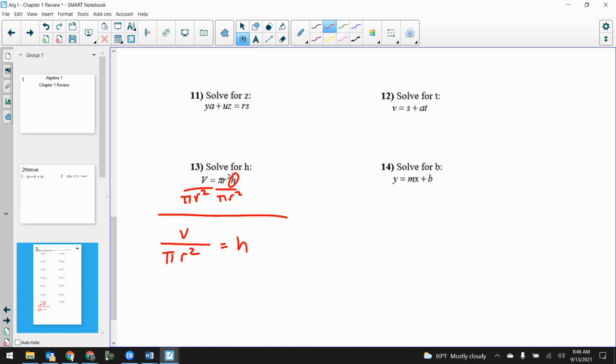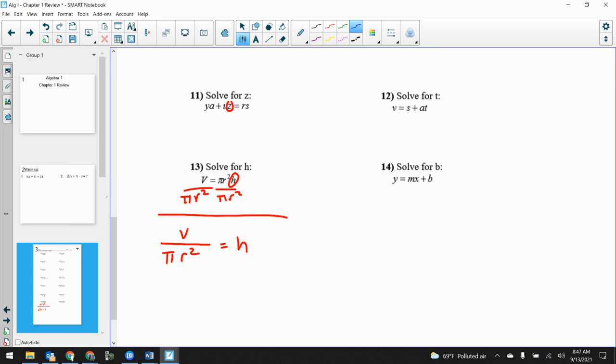All right. So the first thing I want to do is solve for z. Find z. And then you identify what's being done to z. Well, I see 2 things. When there's 2 operations, that makes the problem a little bit more difficult. The first thing I have is addition of ya. And then it's multiplied by, I think that's a u underneath there. So it's multiplied by u and added with ya.